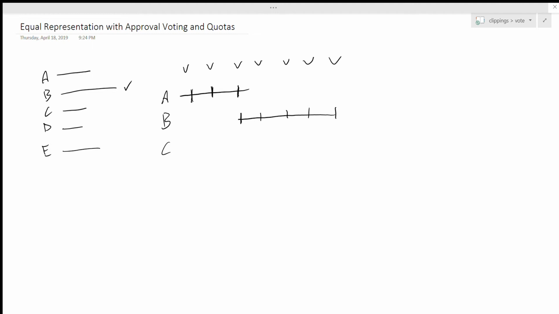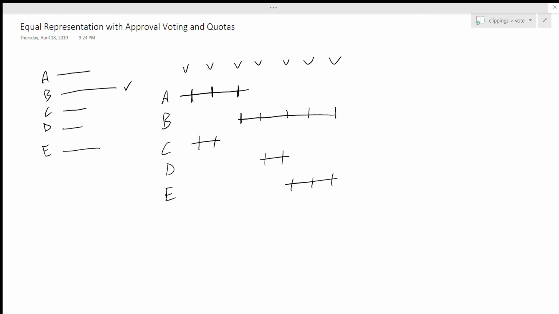Say C was something similar to A, but just had 2 votes, and D was maybe just 2 kind of in the middle, and E was these 3 voters over here.